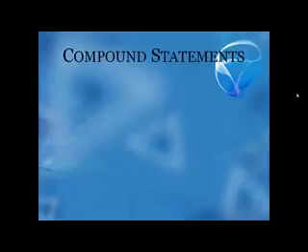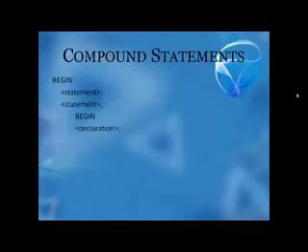Compound statements. Program units can be blocks or compound statements. A compound statement is a block without any declaration, and a block is a statement that groups one or more declarations. This is the structure of a compound statement.